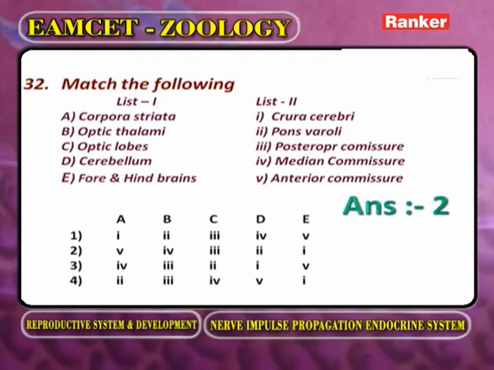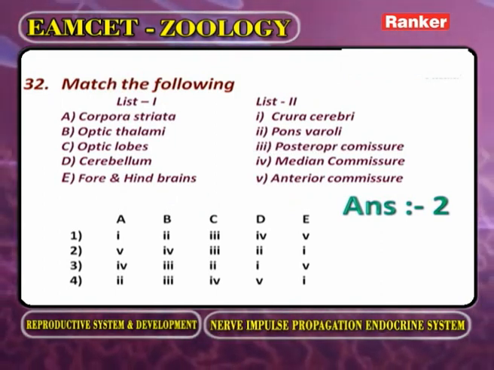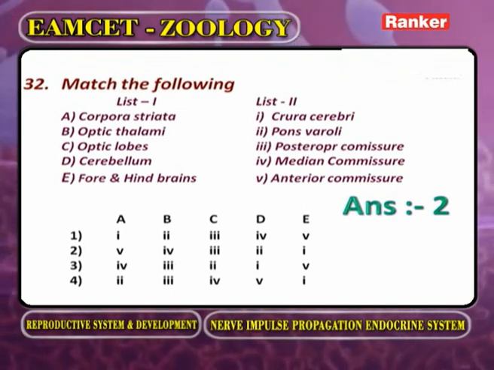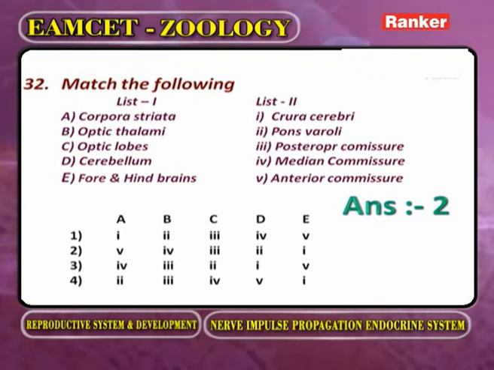Now, corpora striata, optic thalami, optic lobes, cerebellum, fore and midbrains. Now you have to observe the list once again. We call this the corpora striata. These are called the cerebral hemispheres.